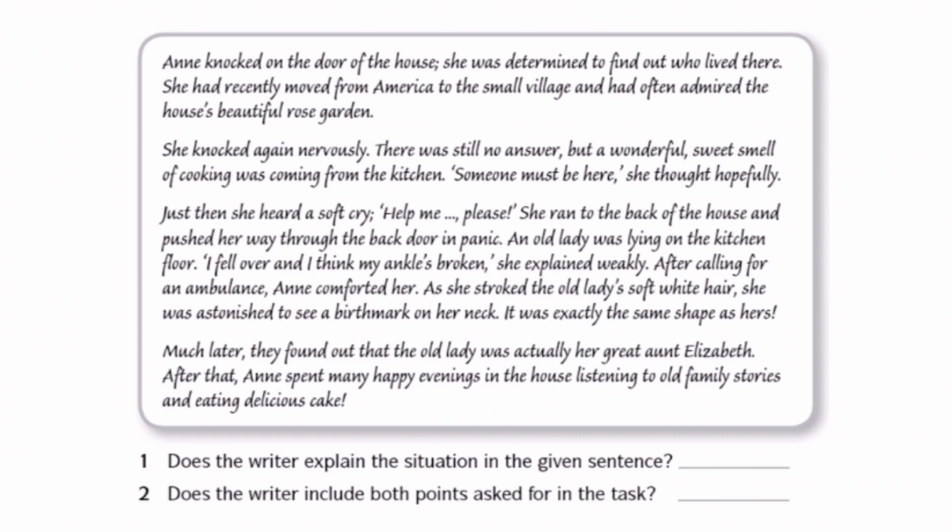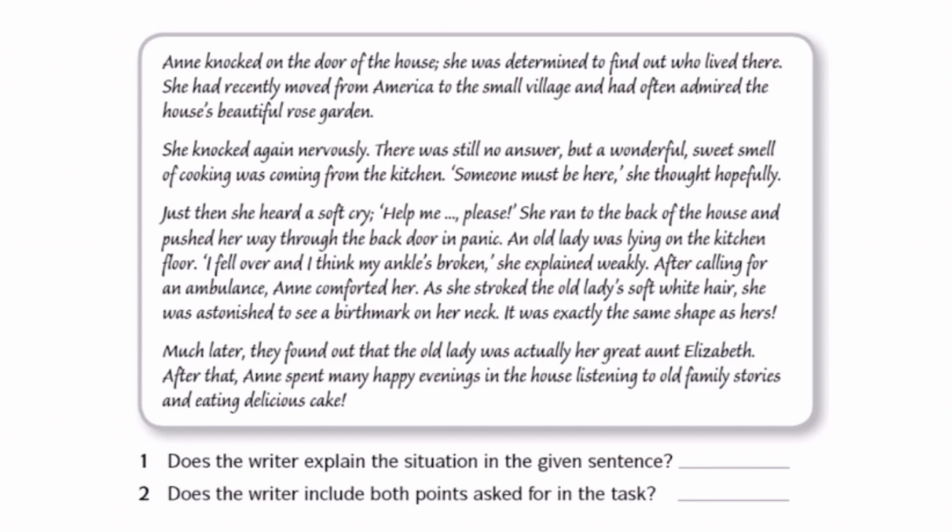As she stroked the old lady's soft white hair, she was astonished to see a birthmark on her neck. It was exactly the same shape as hers. Much later, they found out that the old lady was actually her great aunt Elizabeth. After that, Anne spent many happy evenings in the house listening to old family stories and eating delicious cake.